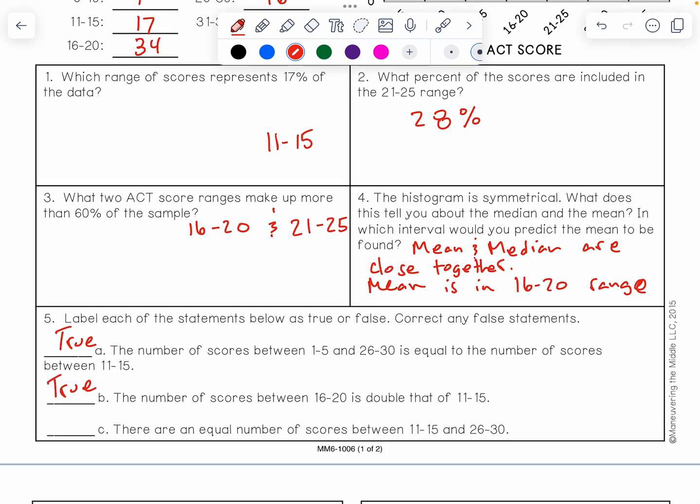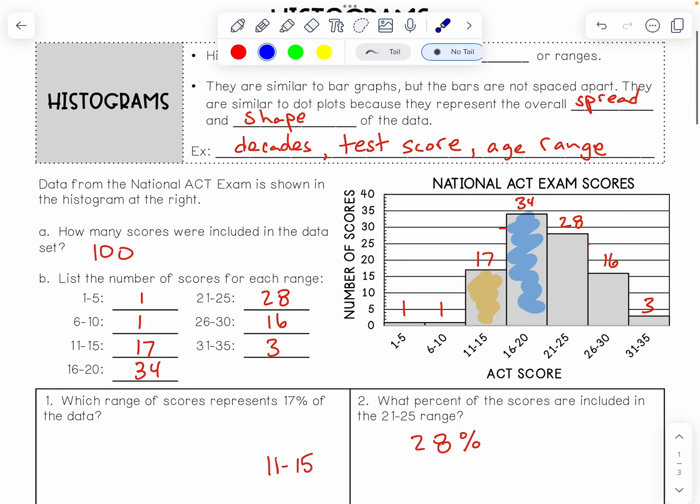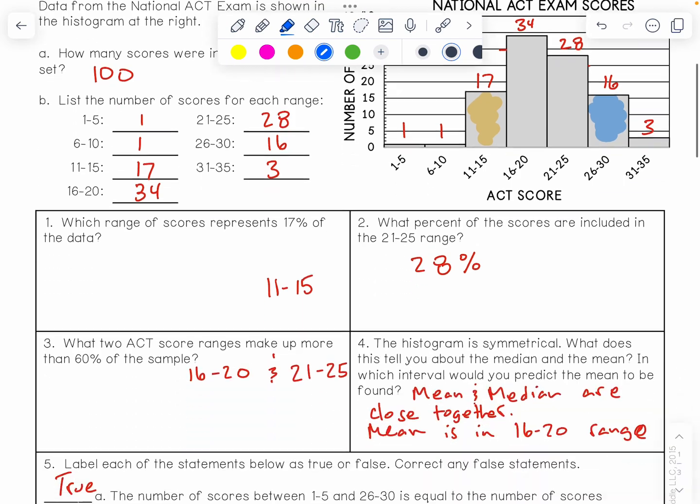And finally, there are an equal number of scores between 11 through 15 and 26 through 30. So 11 through 15, and then we look at 26 through 30, which is this one, and that is not true.